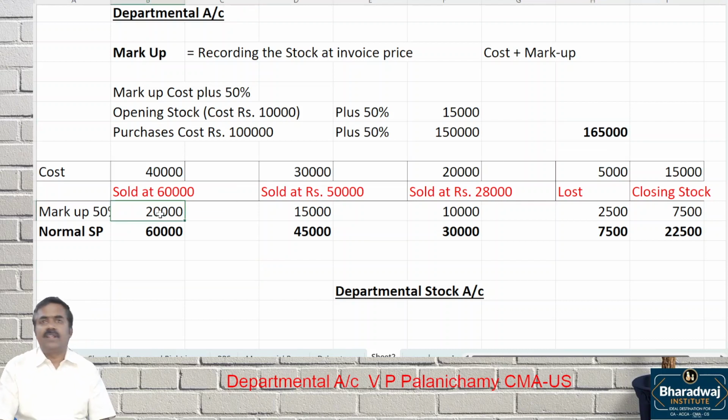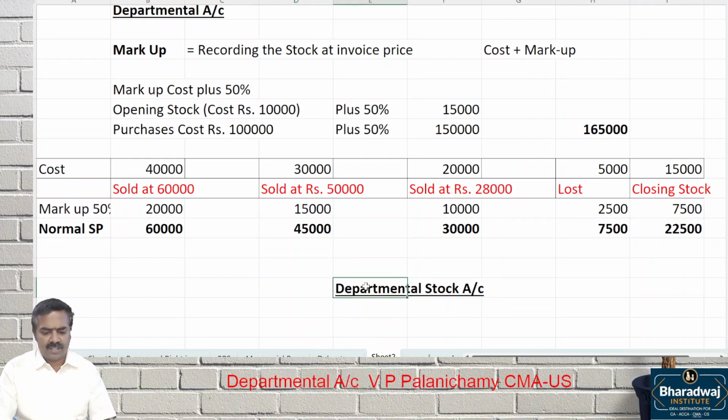But do you sell everything at normal selling price? No, we don't. Certain goods may be sold at the normal selling price, certain goods more than the normal selling price, certain goods less than the normal selling price. Certain goods are lost and certain items are in closing stock. Now, how to prepare the memorandum account?